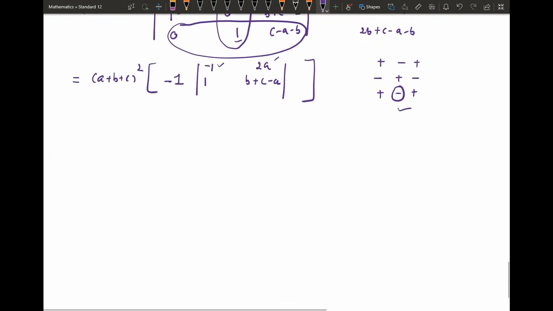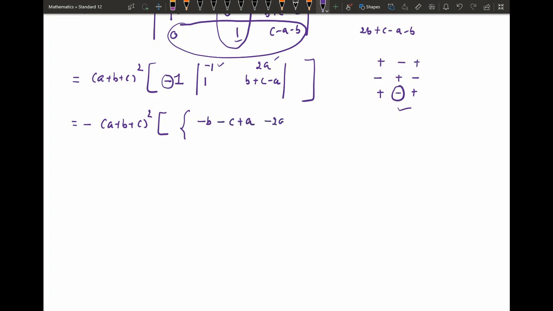Now let us expand. We give this minus sign outside, we take outside A plus B plus C square. Now 1 into minus 1 into, so this is minus B minus C minus minus plus A and minus 2A. So multiplication of principal diagonal entries subtract multiplication of entries of the subsidiary diagonal. So minus 1 into B plus C minus A, that is minus B minus C plus A minus 2A.